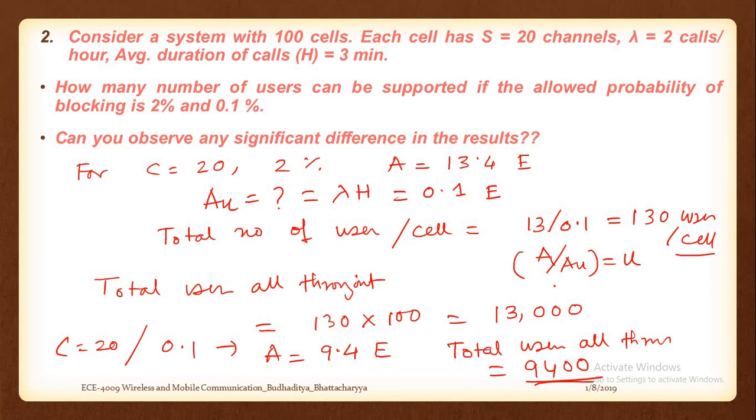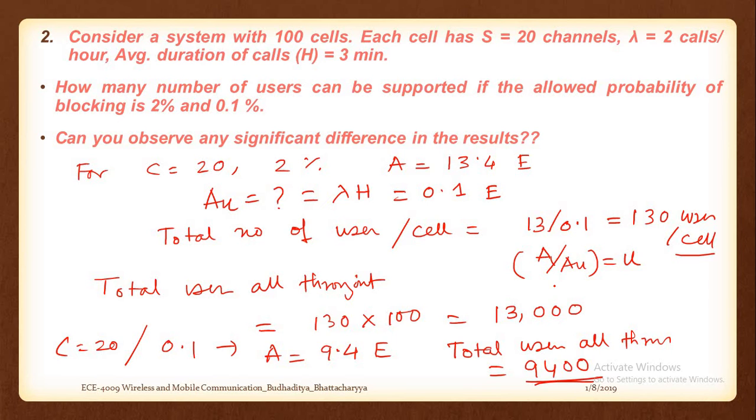If the blocking probability is low, it indicates that the total number of users it can support is also lower, because the fewer the users, the fewer the call requests. In the second case, at 0.1, you are compromising the total number of users per cell as well as throughout the coverage.